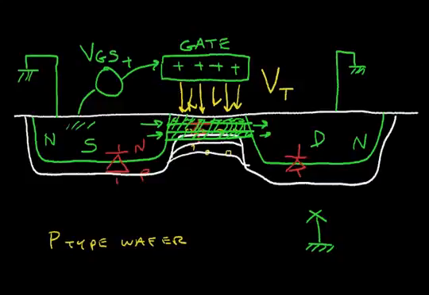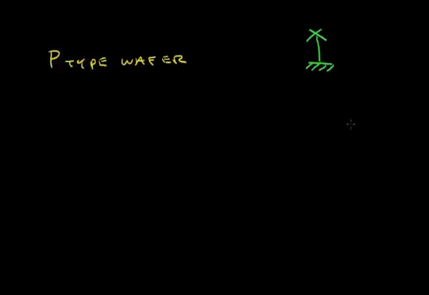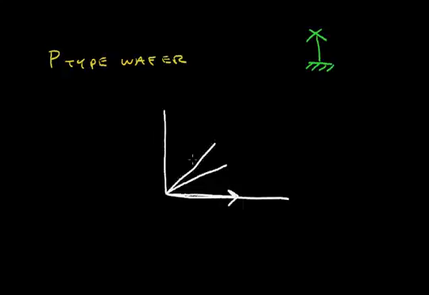So if we plot what's happening here in terms of current and voltage, as we form the channel, initially it's a rather high resistance region. So a slope like this. Now recall that this region would be infinite resistance. And as we increase the gate voltage, we drive the channel down further and the resistance becomes less.